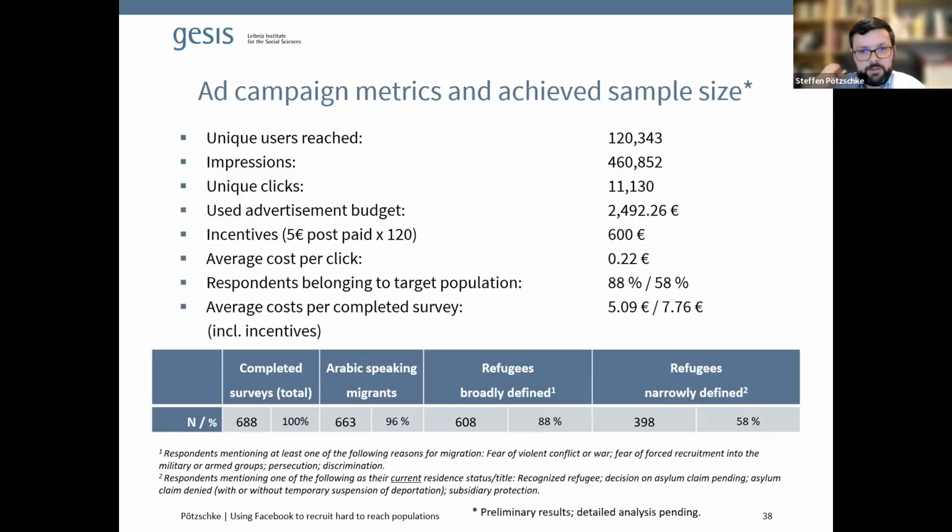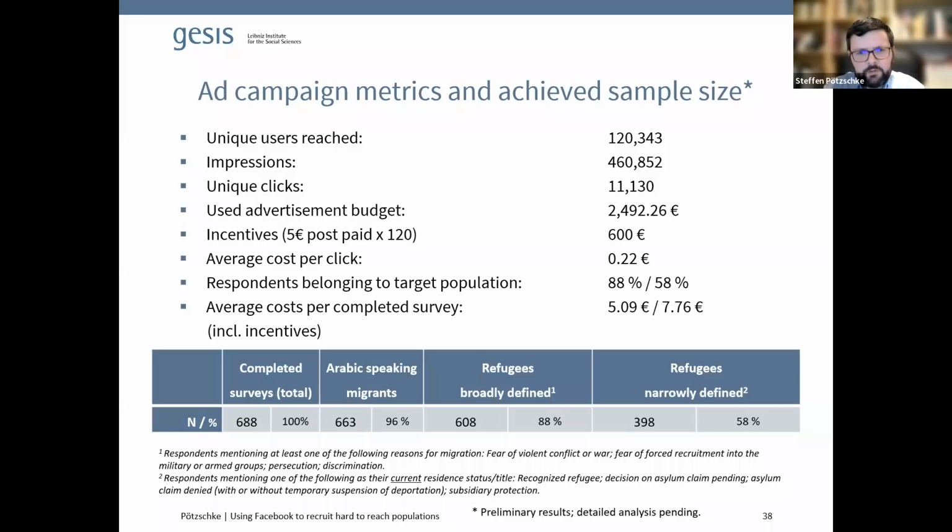Again, just some metrics of this campaign. I will mainly concentrate on the table at the bottom here. With our approach, we were able to collect completed surveys of 688 individuals.